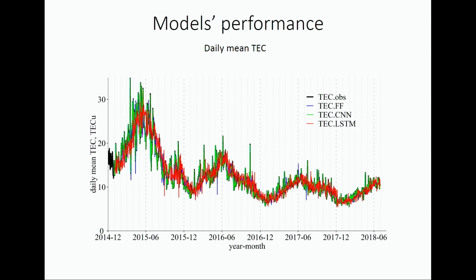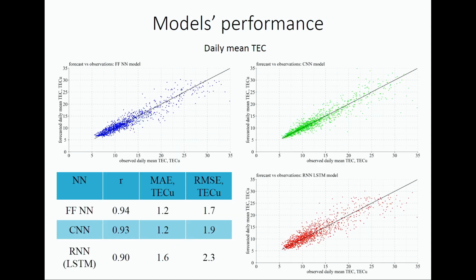And you see in black line, that is mostly hidden, which is good, the result of the neural network. So this is the 1 day estimation of the total electron content. And you see that in most of the cases, the 3 models manage to predict the mean daily TEC with fairly good accuracy. You see already some deviations, but on average, at least the seasonal variations are easily replicated.